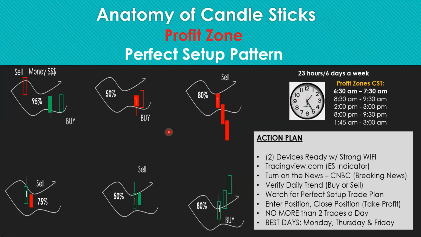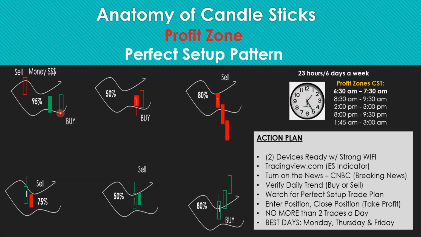Remember the setup. If you ever see a hollow red candle come out the top band, immediately sell, because that is very rare. If you see a solid green candle that actually go out the bottom band, immediately hit buy, because that is rare. If you see a hollow green candle come from the bottom band, do a buy.